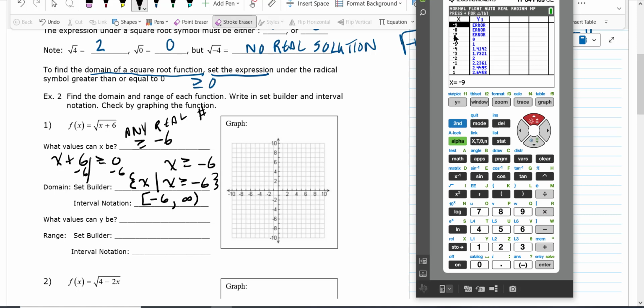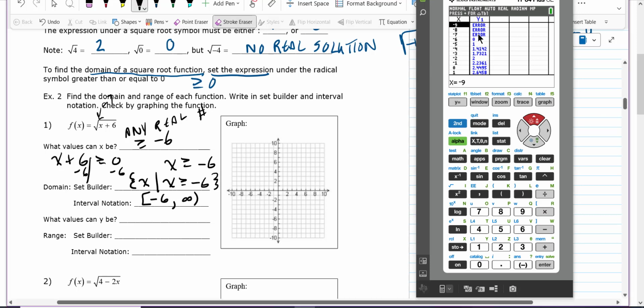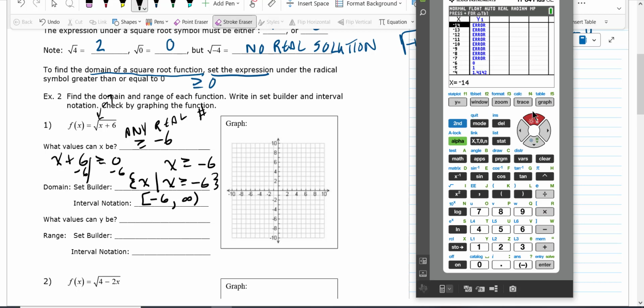Notice if you replace x with negative 7, negative 7 plus 6 is negative 1. That's why it's getting errors. So these things here are not in your domain. Your domain is going to start with negative 6 and beyond, and you can see that on your table of values. At negative 6, that's where this graph starts.